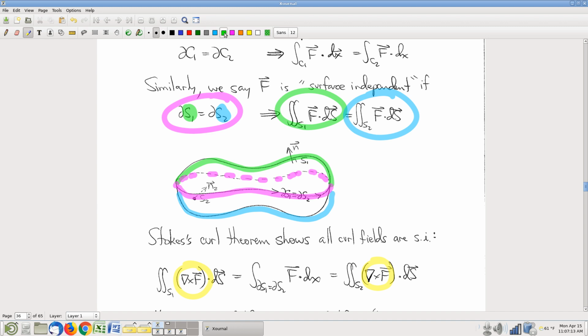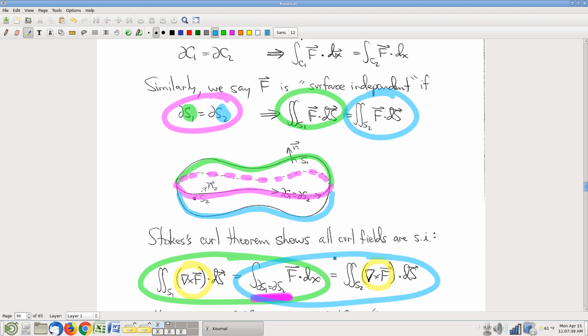Well, Stokes' curl theorem tells me how to compute the flux through that green surface. The flux of a curl is the circulation. Notice that circulation happens on the shared boundary. And now, what about through this bottom surface? How do I compute flux of a curl field through that bottom surface?